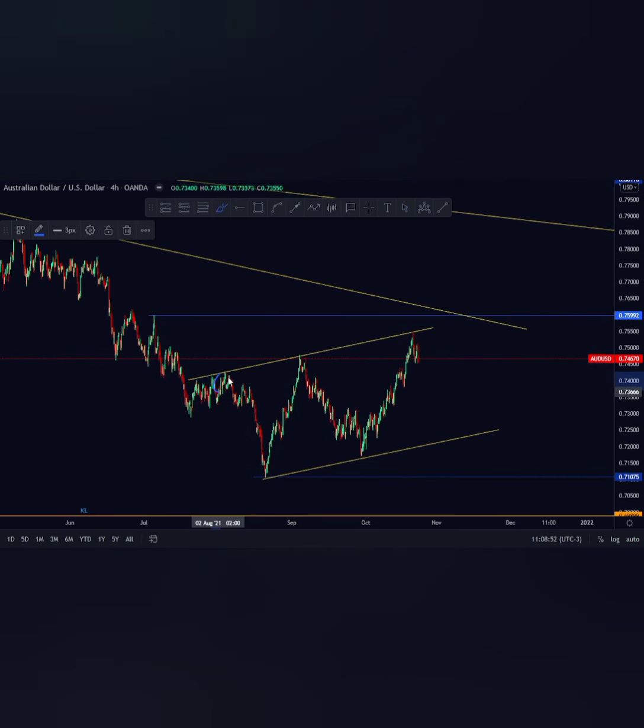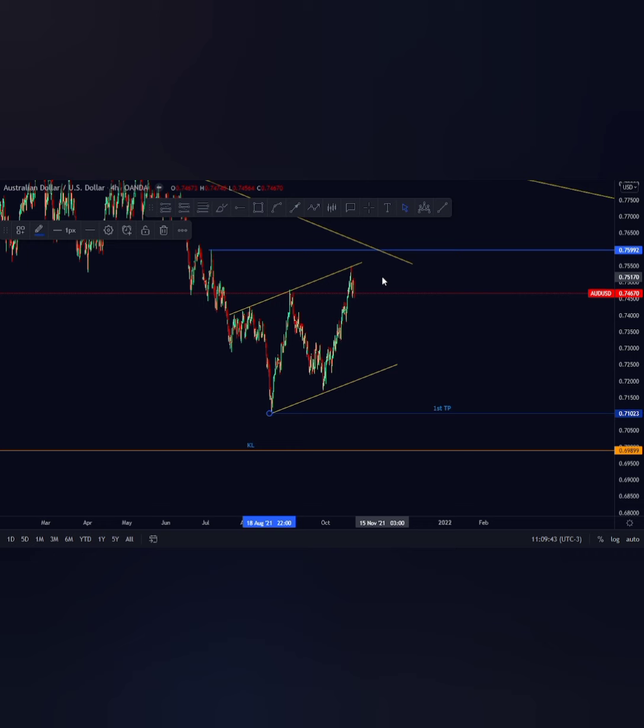After an impulse, we're expecting a correction. After a correction, we're expecting a drop. Why did I mark this level here? I didn't explain it. The reason I marked it is that this is where we usually take our first take profit, because of what we call the 90% rule.